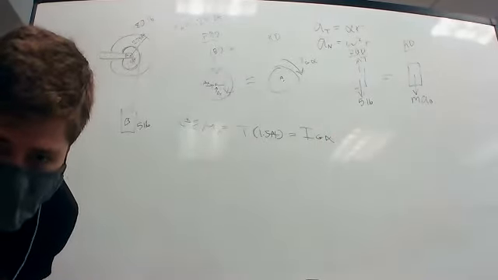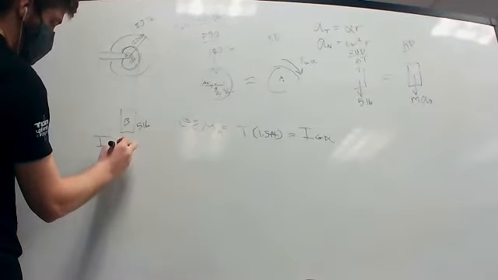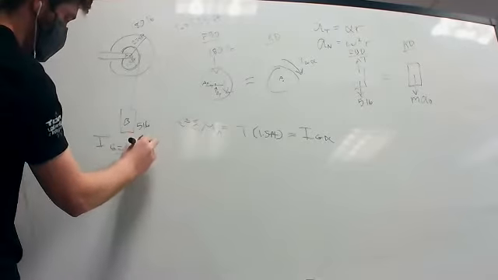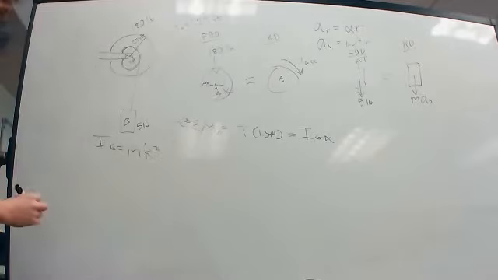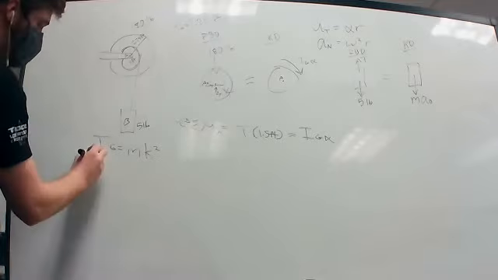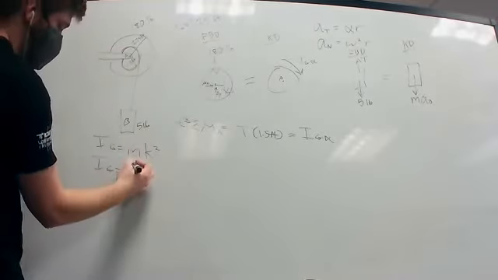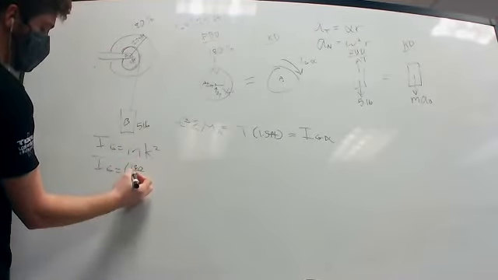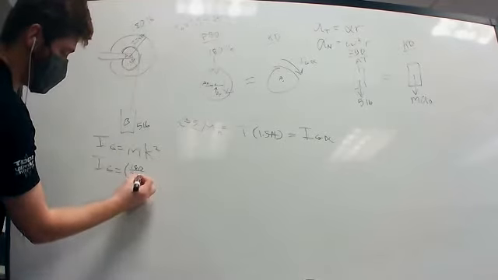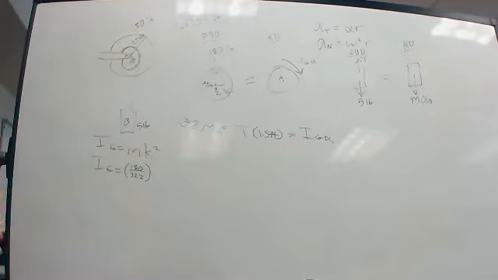So we can say that IG for the spool is equal to, and this is just a formula we know, M K squared. So we know that mass of the spool is going to be its weight, 180 pounds, divided by 32.2 as the gravitational constant. It's 32.2 because we're in US units, and 9.81 would be for metric units.